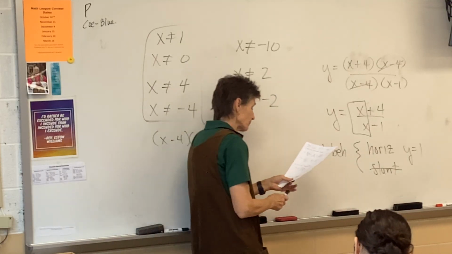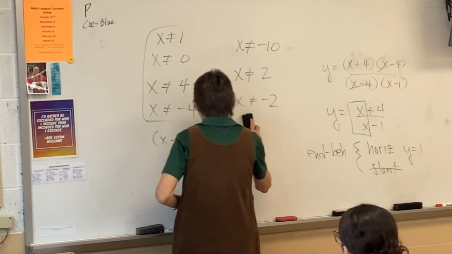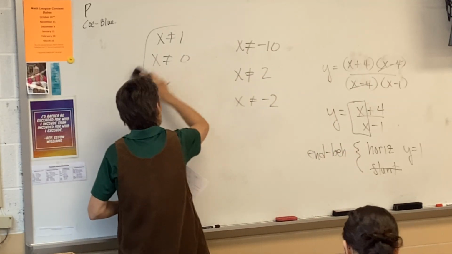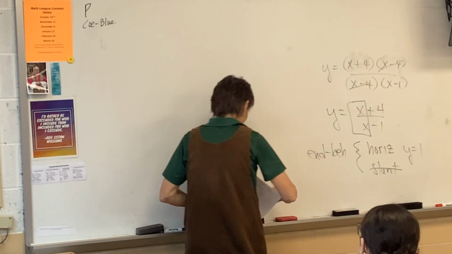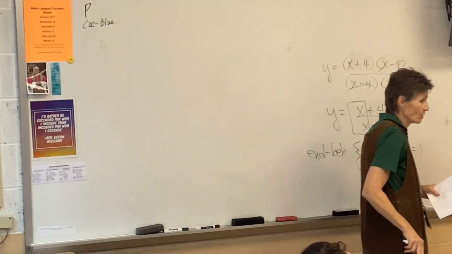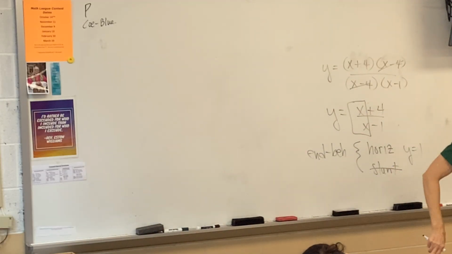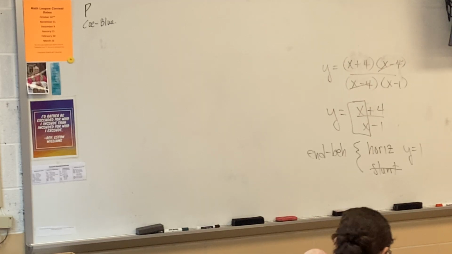Problem. Do we have a vertical asymptote? In problem B, is there a vertical asymptote? B, x equals 2.